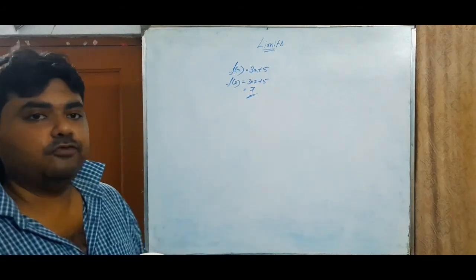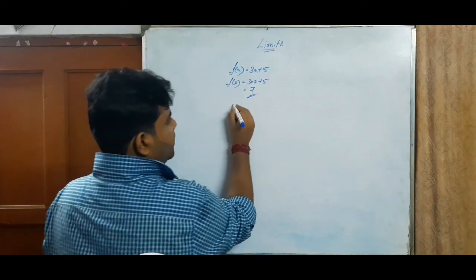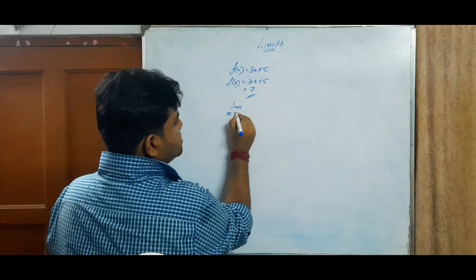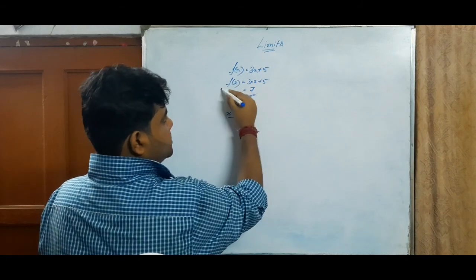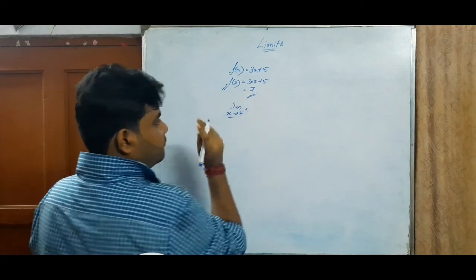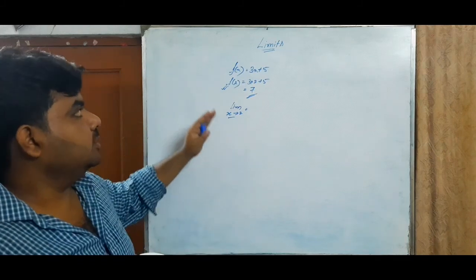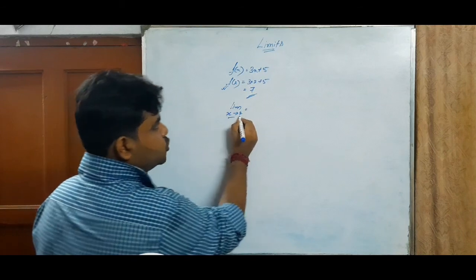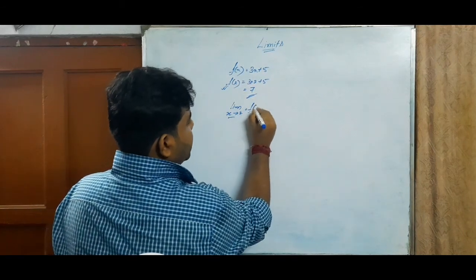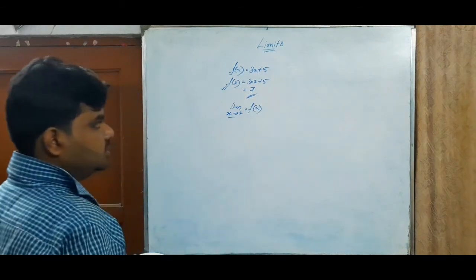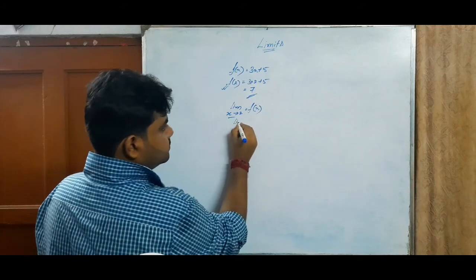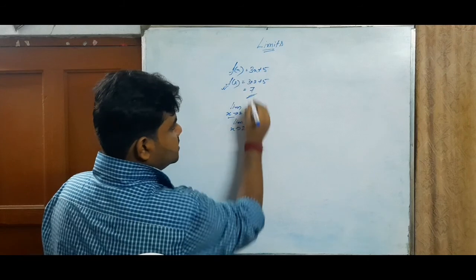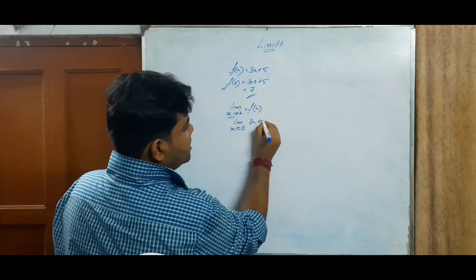Now in limits, what we write is limit x tends to 2. The method will be the same. Just see, limit x tends to 2 of f(x), which means 3x plus 5.